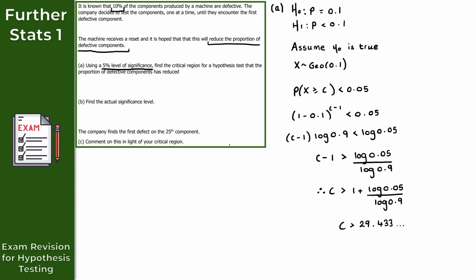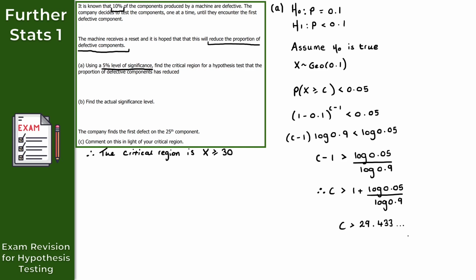So therefore the critical region in this case is x greater than or equal to 30. Okay, rounding up to the next integer then gives us 30.